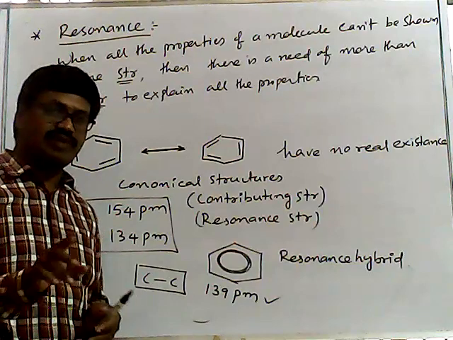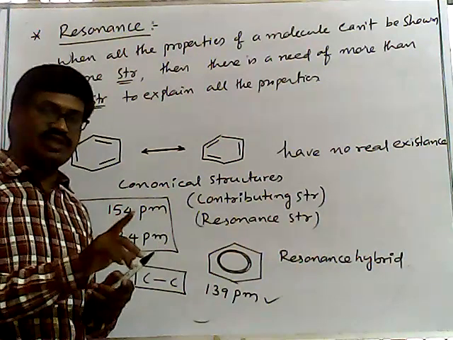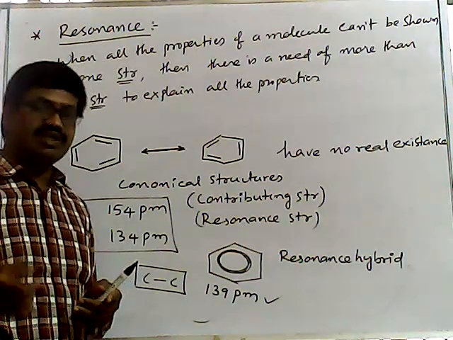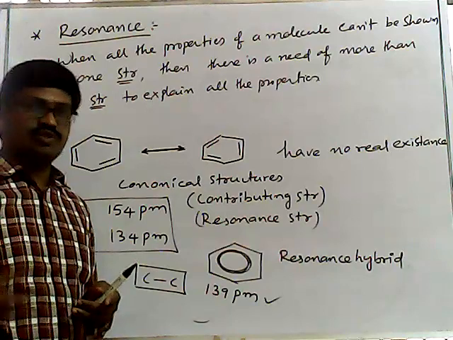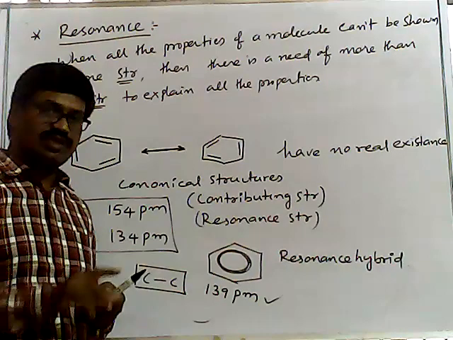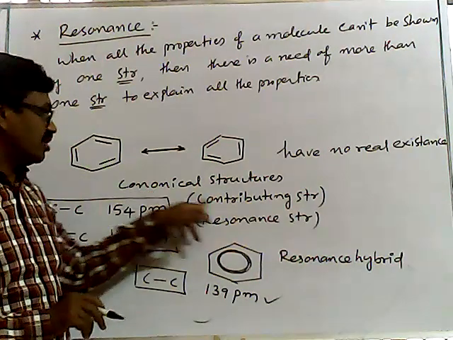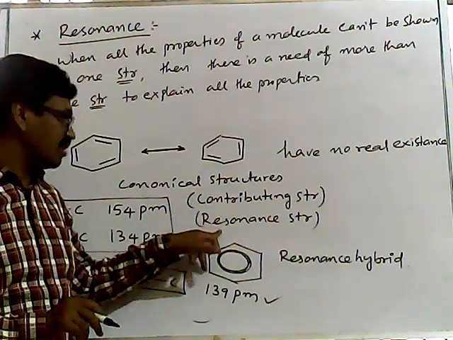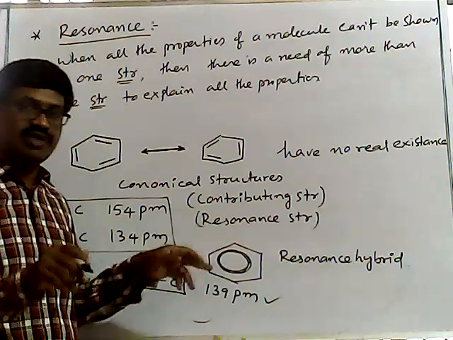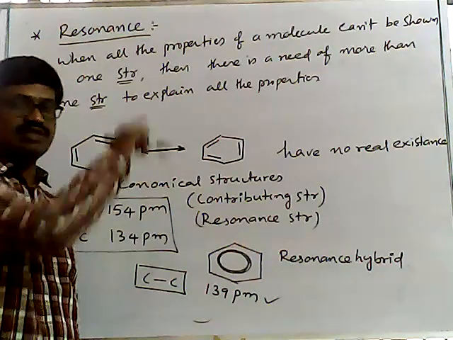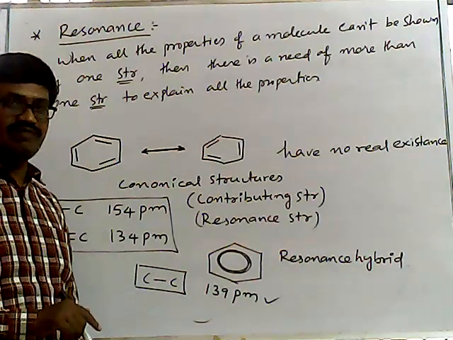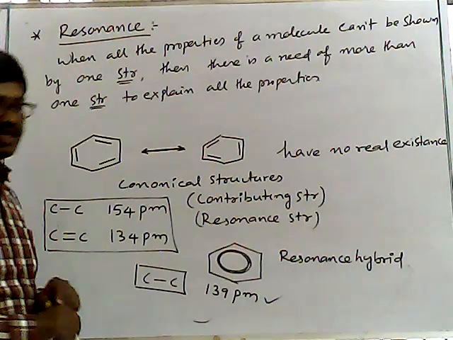To explain one property it requires one structure; to explain another property it requires one more structure. So these structures explaining the different properties are nothing but canonical structures, contributing structures or resonance structures. The phenomenon involved in this is resonance.